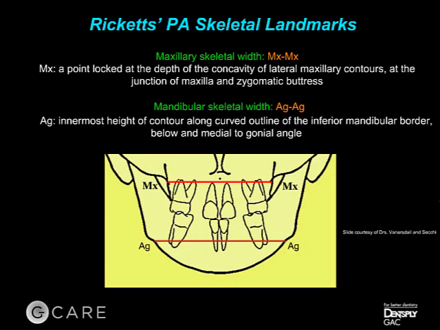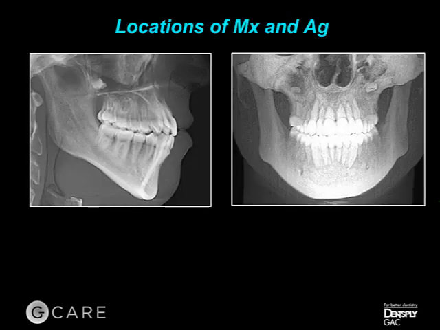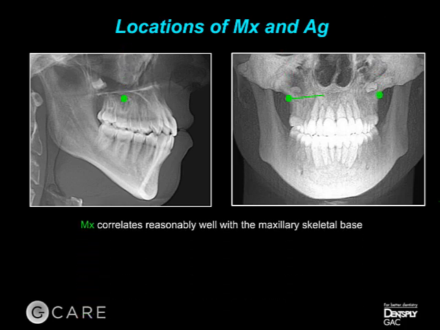While that was great for its time, when the frontal ceph was our only method to measure the width of the upper and lower jaw, it was definitely better than not doing anything at all. However, now that we have three-dimensional imaging capability, we can go back and revisit these landmarks and say, okay, in three dimensions, this is where MXMX is.